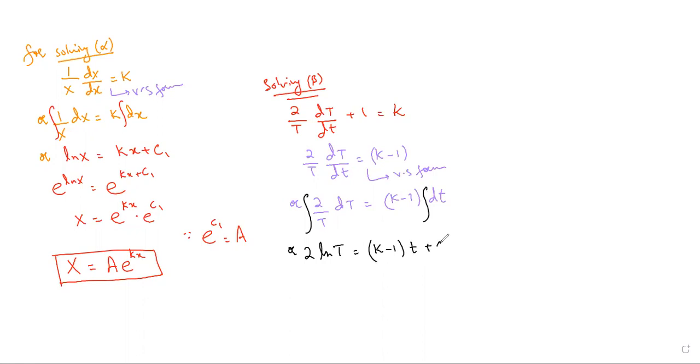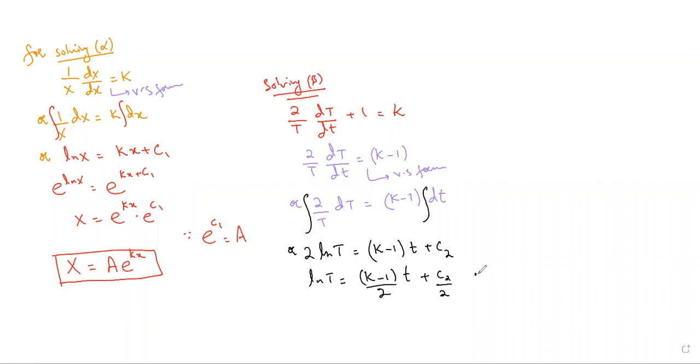is equals to (k minus 1) into t plus c2. Similarly, this 2 can be shifted to the right hand side, or maybe you can solve it as a power of t, but in a simple form. You can say (k minus 1) divided by 2 times t plus c2 divided by 2.